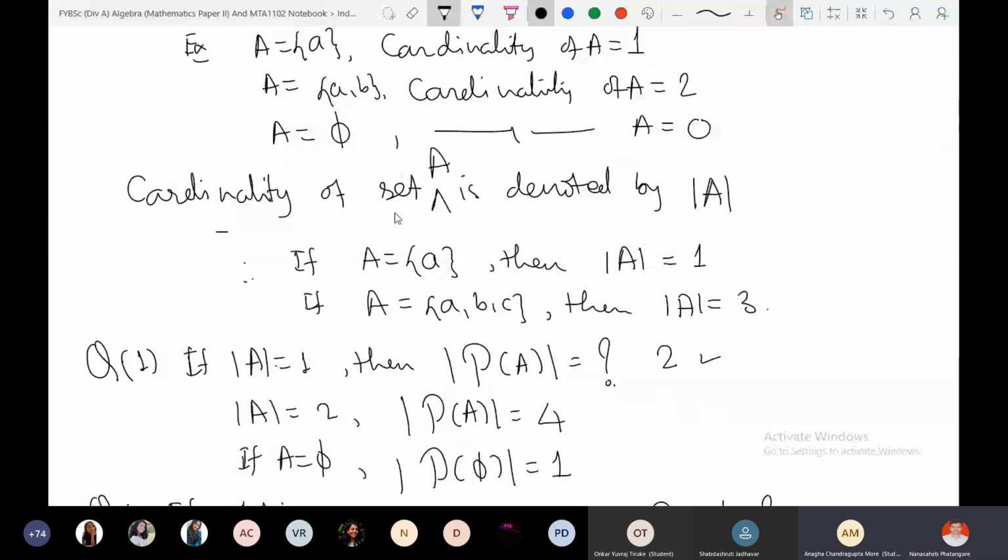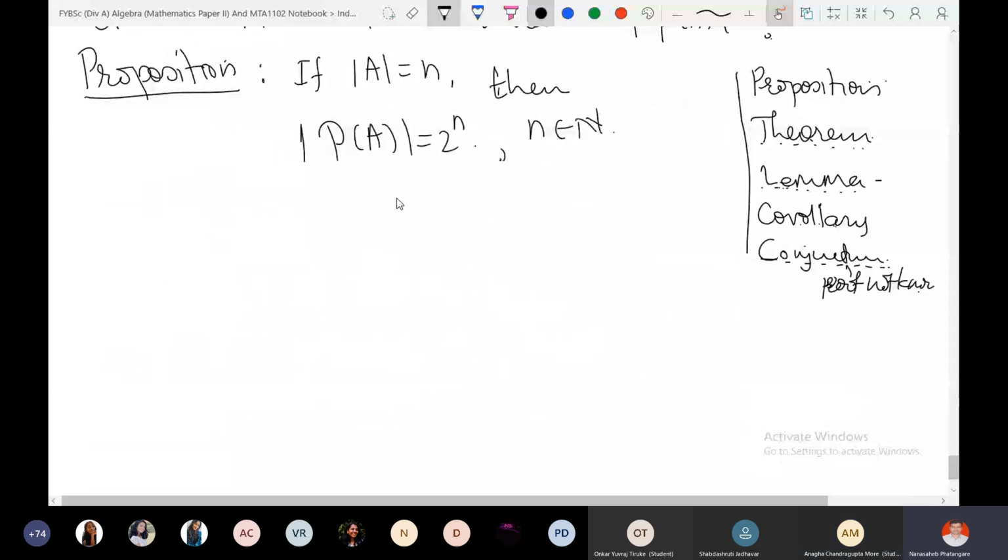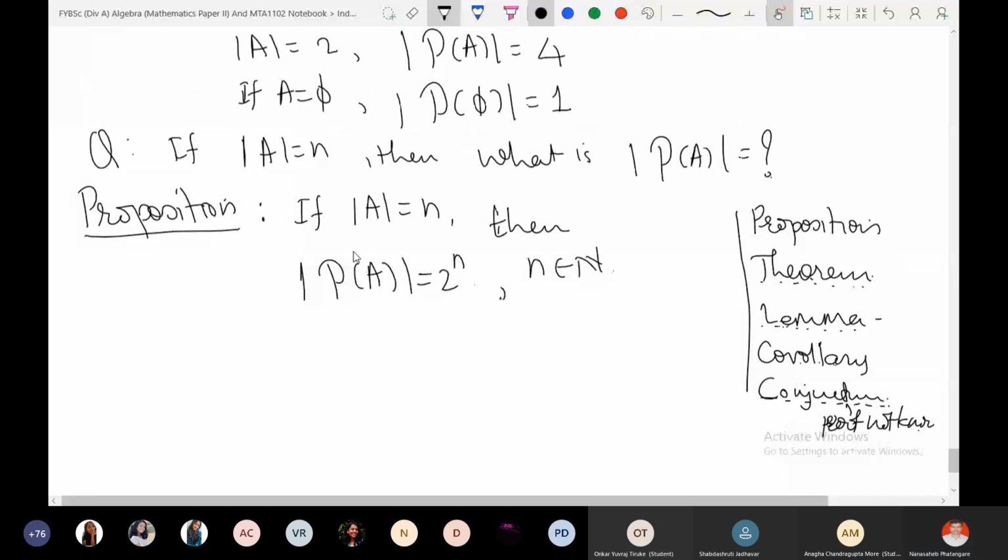So, what we were talking about yesterday, power set of a set, right? The power set is the set of all subsets of a given set.